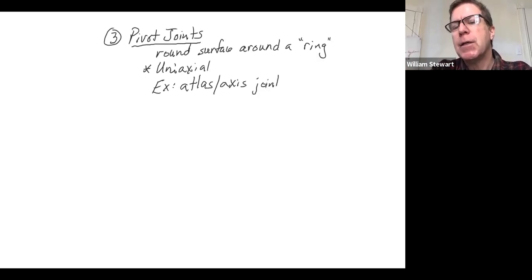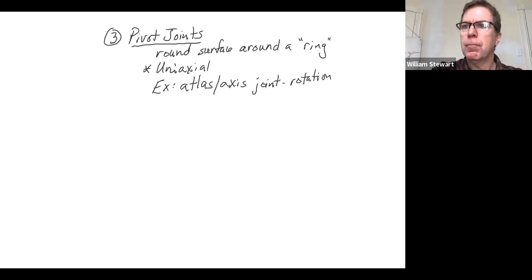Remember, atlas is C1, cervical vertebrae 1, axis is C2. When we nod our heads in a no fashion or action, C1 is actually rotating around C2 on a single axis. So it's rotation only. The radial ulnar joint also does this.